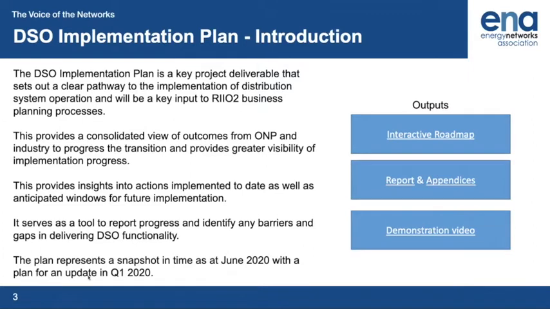DNVGL are going to be going through the interactive roadmap and outlining the report and appendices. There's also a demonstration video if memory fails you after this presentation and you need another refresh. If we move to the next.